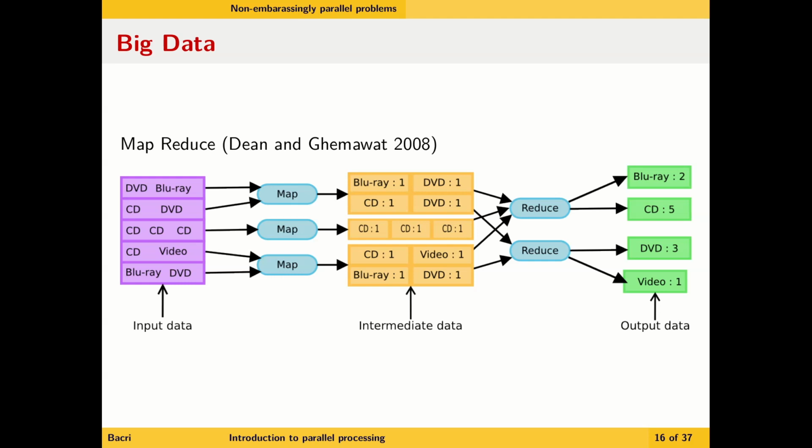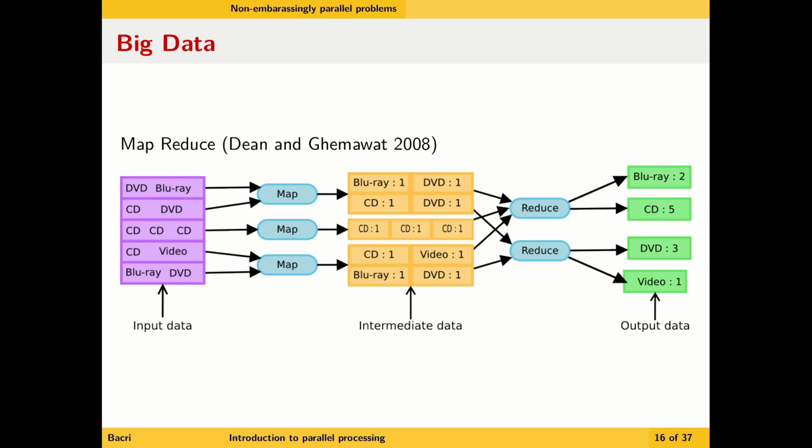The way it works is you have some input data. Here it's just a few random words. You split that data into different mappers, which will read word per word and send each word with an identifier for that word to reducers and give them the value 1, because here each word is encountered once when it is taken from the text.